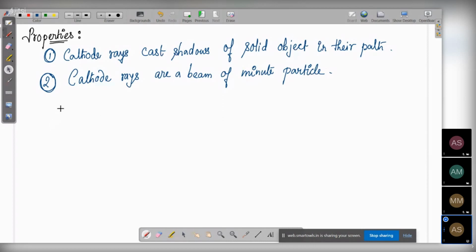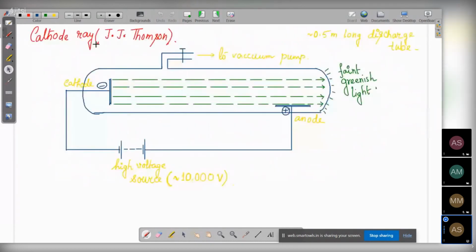Then what did he conclude? Then he said, you see the cathode rays are coming out from the negative terminal, from the negative end. And where are they going? They are going towards the positive end. Now we always know that opposites attract each other and like charges repel each other.